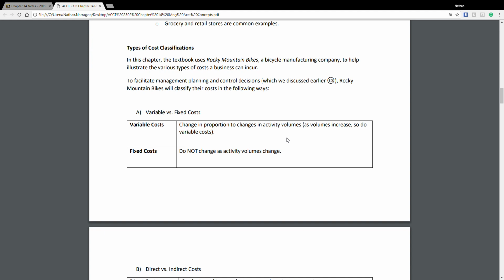My slope is my variable cost. One changes, one does not. No matter how many products I have, the fixed cost is still the same number. We're going to get more in depth on what types of things go into these costs. Right now, we just want to get the definitions.